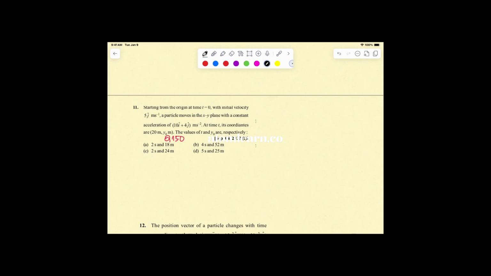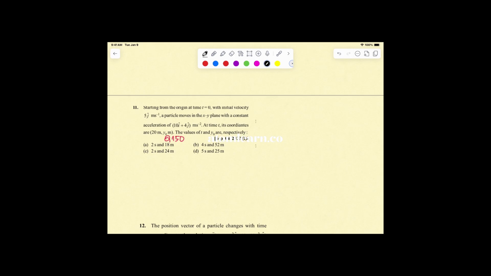Starting from the origin at t equal to 0, the initial velocity is 5 j cap meters per second.